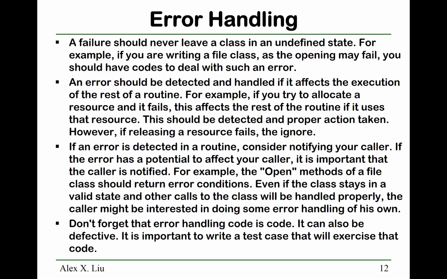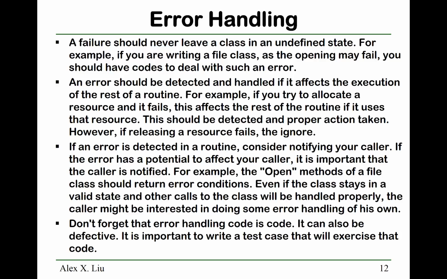Error handling. A failure should never leave a class in an undefined state. So basically, for example, when you write a file class, you need to open a file, and that opening may fail because, say, the file doesn't exist, and you should have code to deal with such an error. An error should be detected and handled if it affects the execution of the rest of the routine.